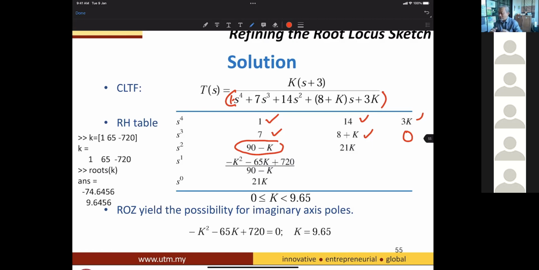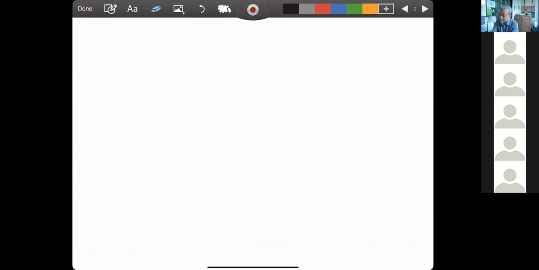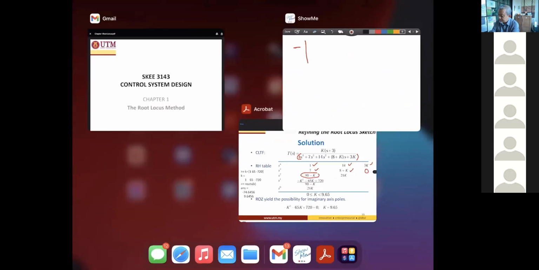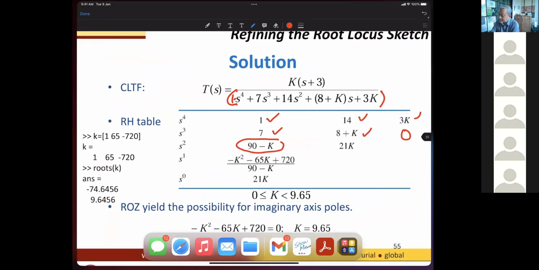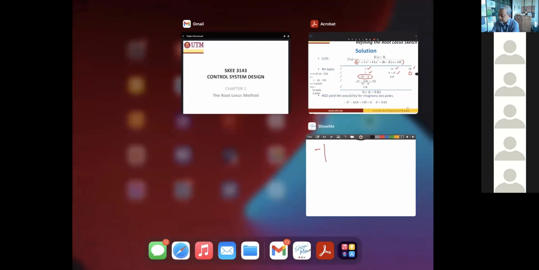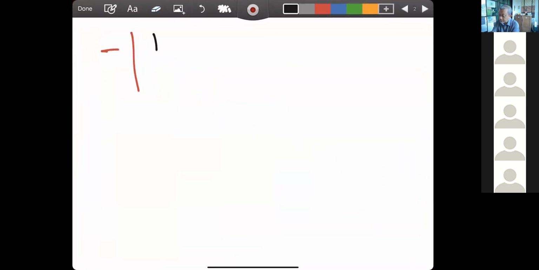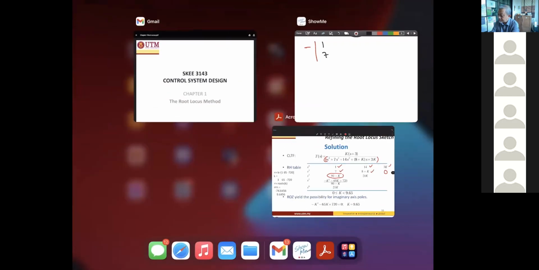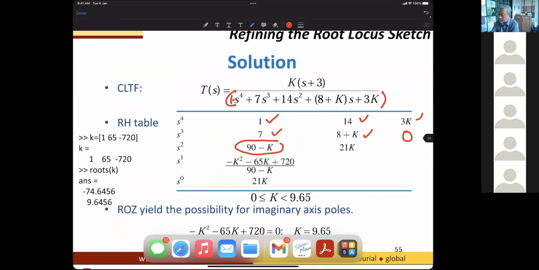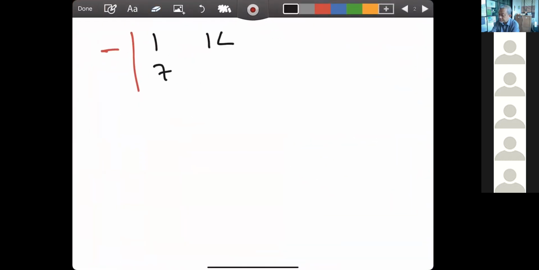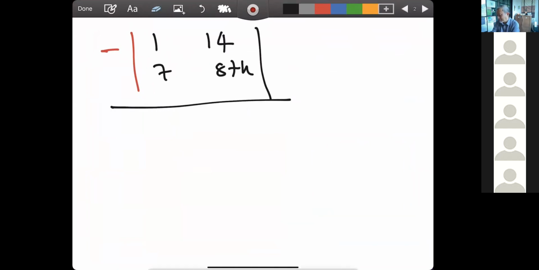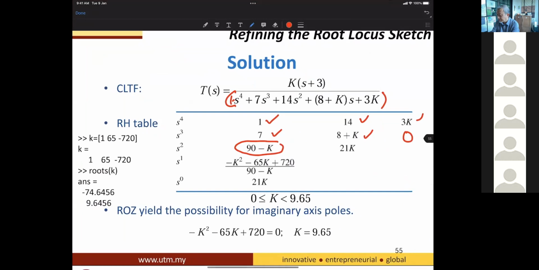Yes, Doctor. How do you get 90 minus K? Take 1, 7, 14, 8 plus K. Okay, divide by 7.